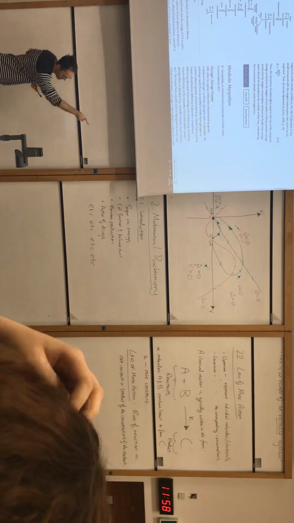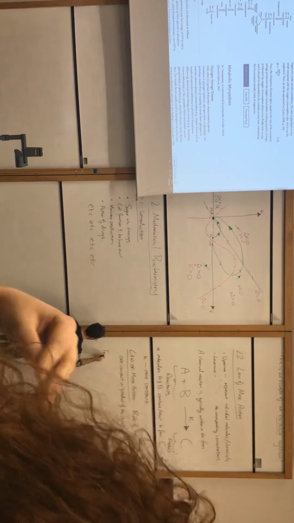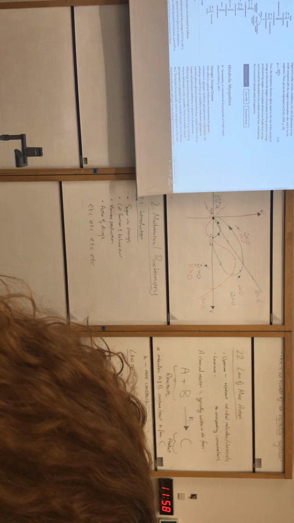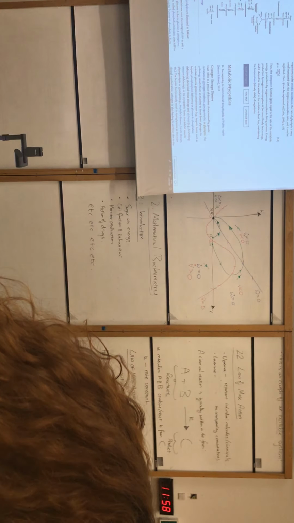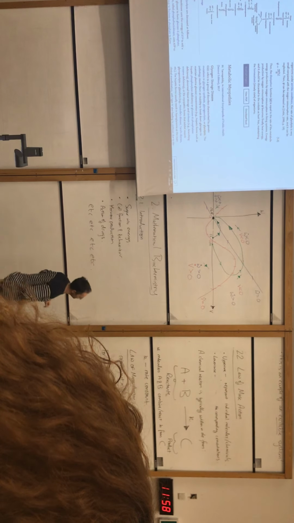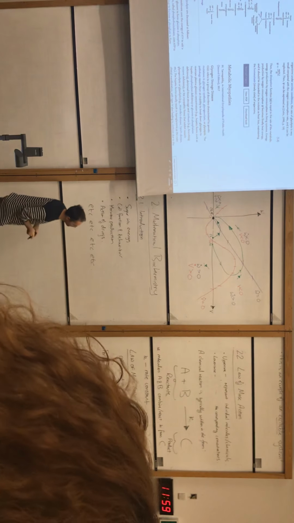So, in the context of the reaction above, what's the rate of reaction? Well, it's the rate constant, indicated by this k, and the product of the concentration of the reactants.